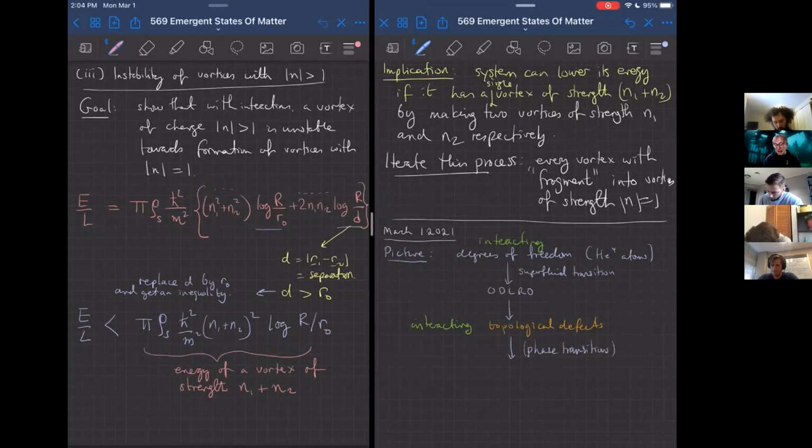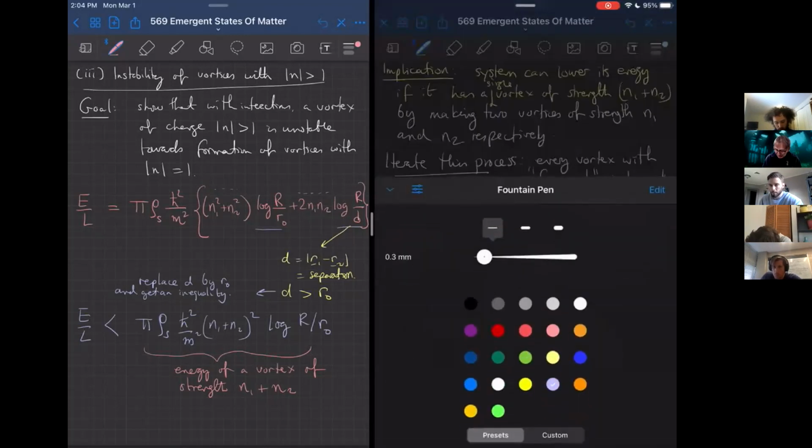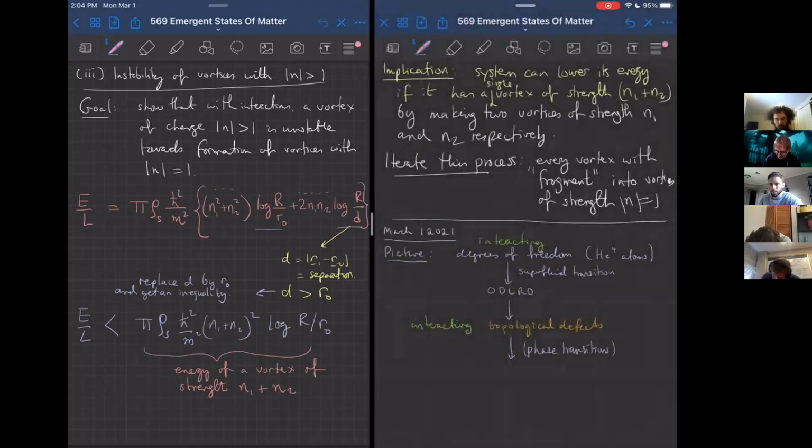And in particular, because they are interacting, they can form a state whereby they have some form of long-range order. Because they're interacting, what they try to do is minimize their energy, and so they form a state of long-range order, and we'll see that that is a vortex lattice.